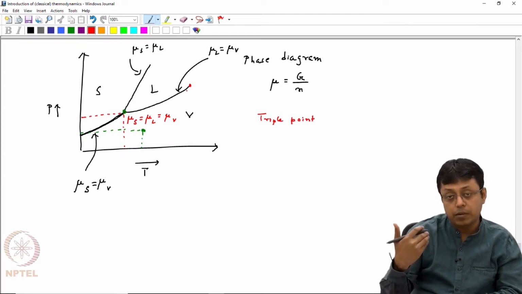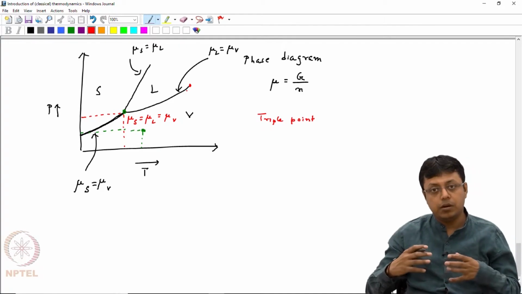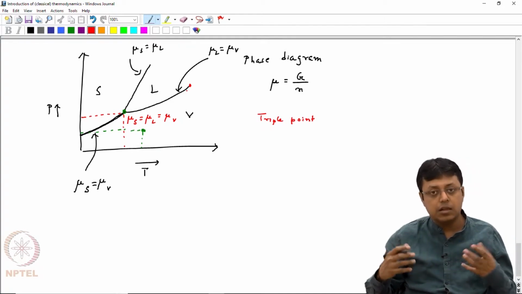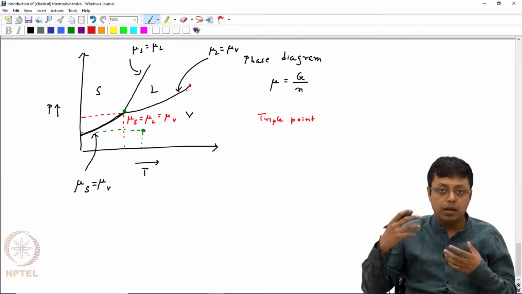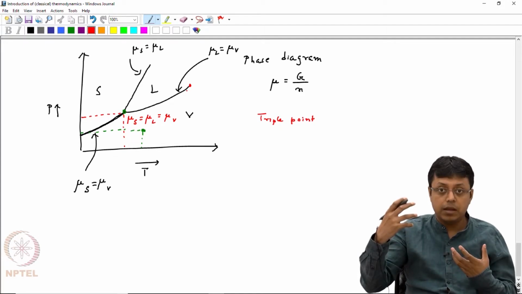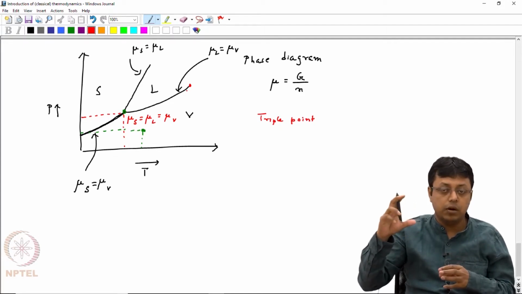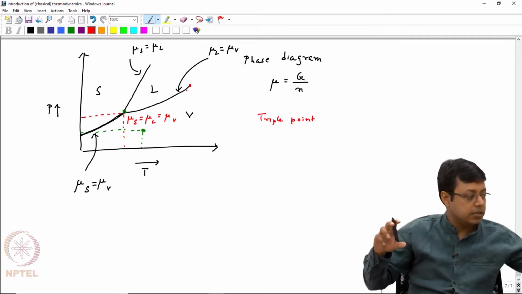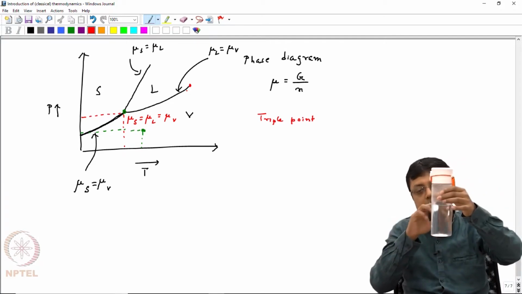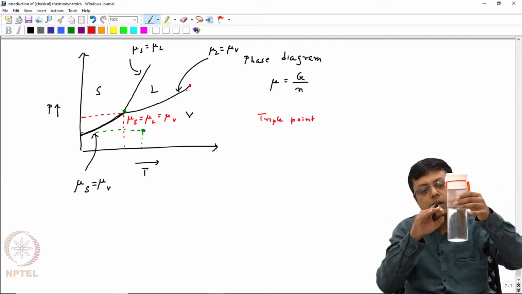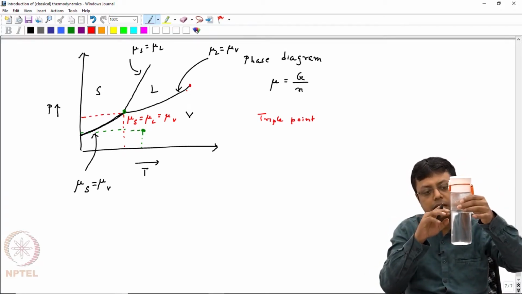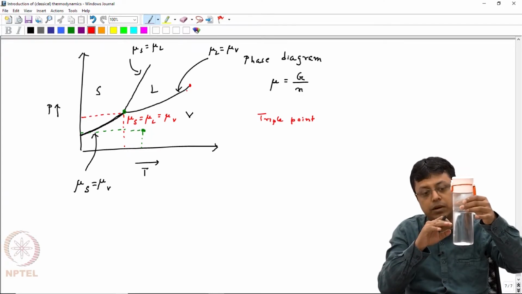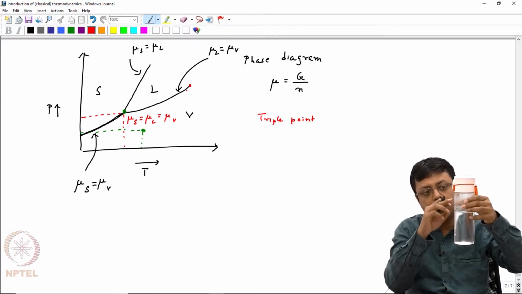Now whenever we talk about phase, we talk about the existence of a phase boundary between two macroscopic phases. Just like when you have a glass of water, we can see the water has a surface, and this is a phase boundary. This is liquid water, and the water is in equilibrium with water vapor.